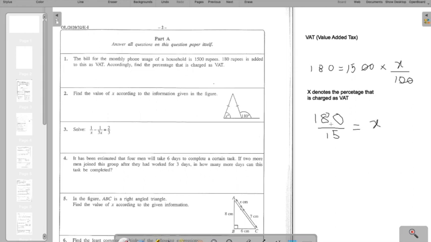Now this is basic division. 5 times 3 is 15.